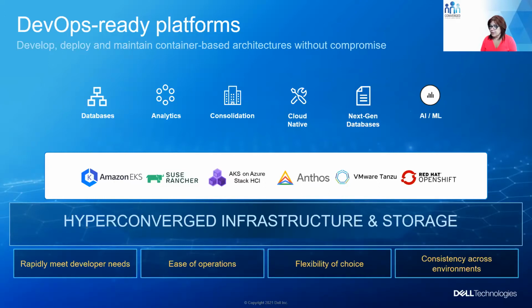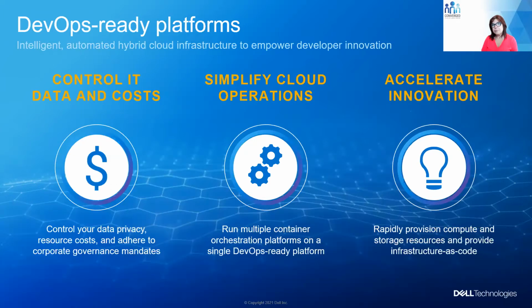And then the last thing I really want to talk about is, why do we want to have these on-prem platforms when you can do all this container orchestration in the cloud? Well, there are a lot of reasons why you want to have both on-prem and public cloud or multi-cloud implementations.